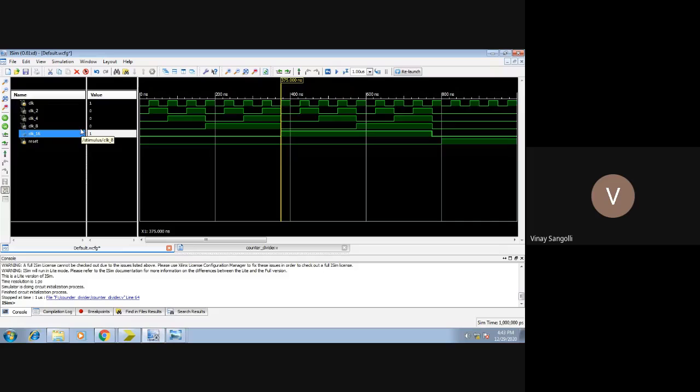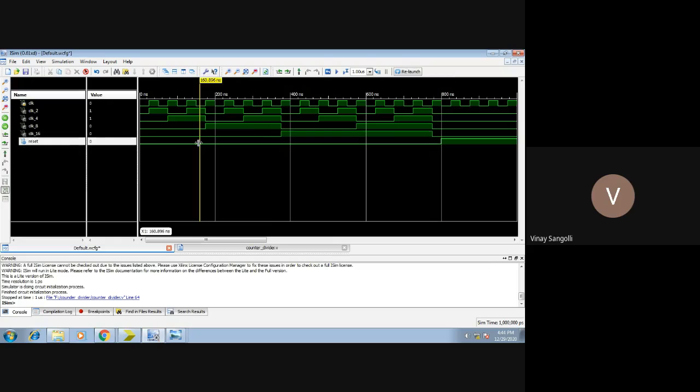So that means it is starting at 375. 375 plus 400. So you can observe here, it should go up till 400, which is 775. 375 plus 400 is 775. So this is how your output is coming. That is, this is how your clock is getting divided. Thereby, we are working with the frequency. Okay, we are trying to work with the frequency.